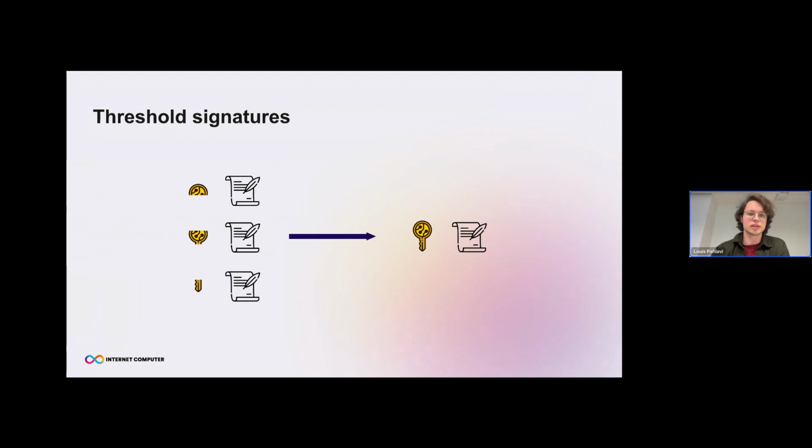You can split the original key in a way that you don't need all of the shares to build your signature. For example, you might use a 2 out of 3 threshold, and that's where the threshold signature name comes from, to be able to recover a signature for the original key.